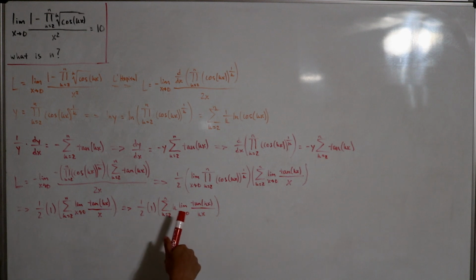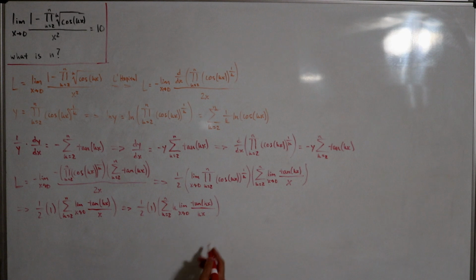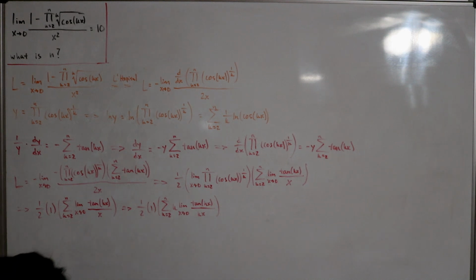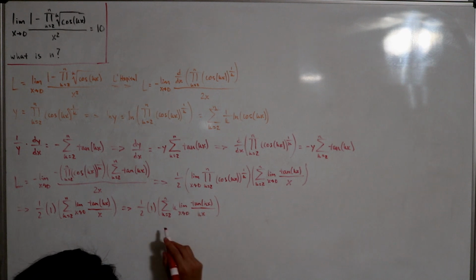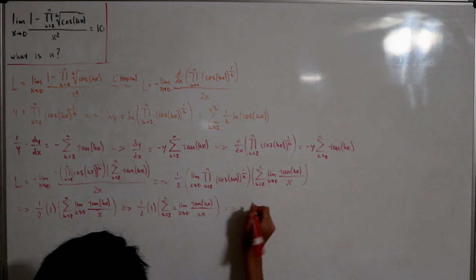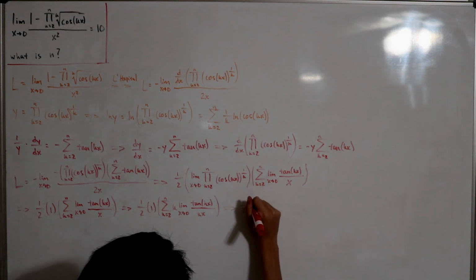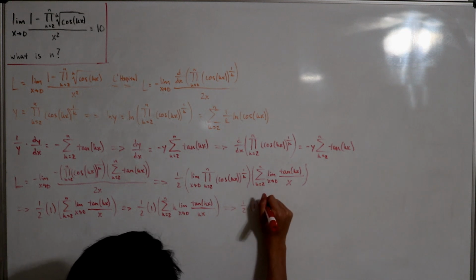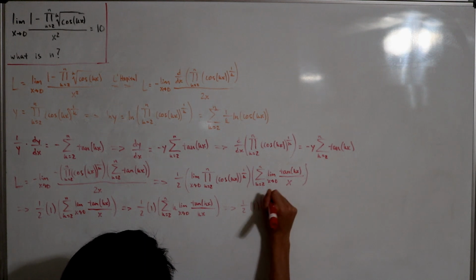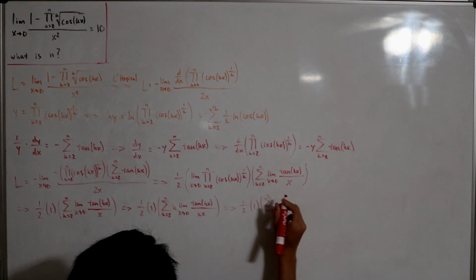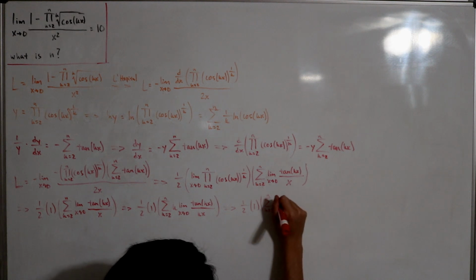And over here we can use the fact that the tangent of kx divided by kx, or really the tangent of x divided by x, we know that we can use the rule that it's going to equal 1. So that means 1 times k. Let me rewrite this again for the next step. So this is 1 over 2, then times 1, and then the partial sum from k equals 2 to n of k times 1, or just k.